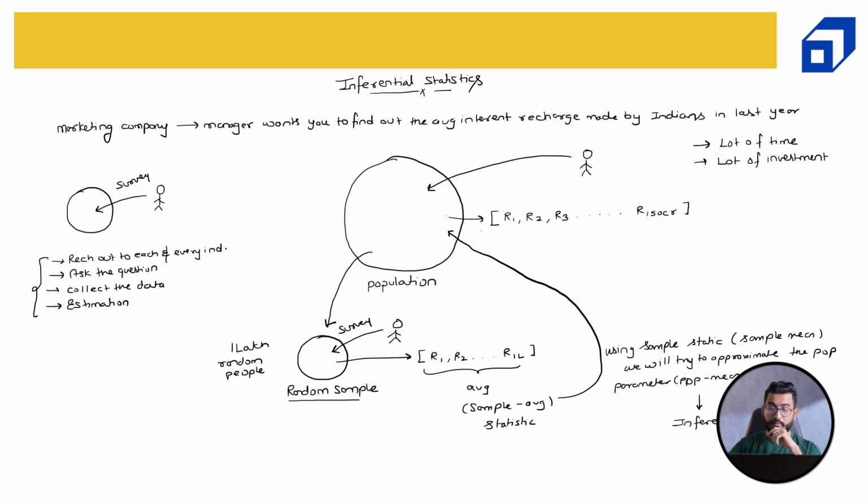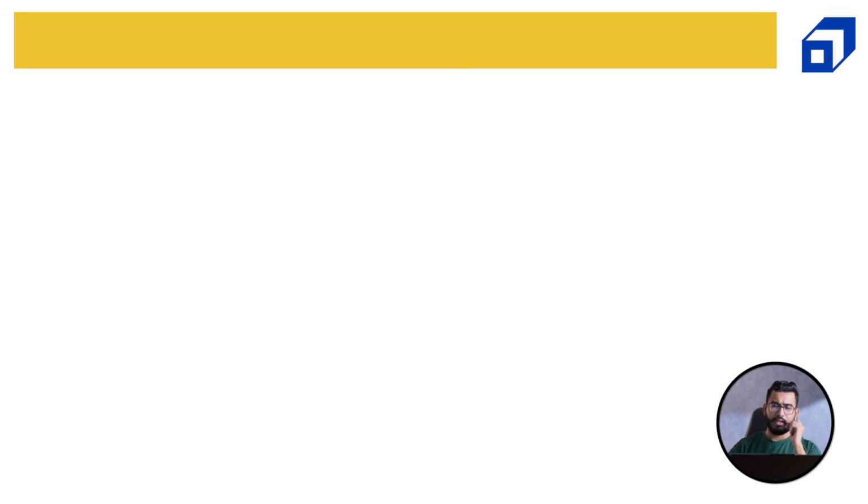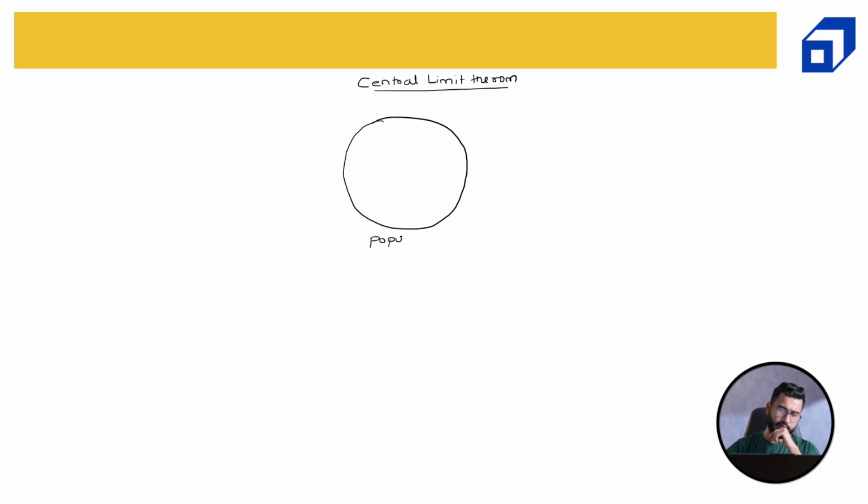Okay, now let's talk about how to perform estimation. In order to perform estimation, we use a particular theorem which is known as the central limit theorem. Now what does this theorem talk about? This theorem states that if I'm having a population, let's say this is a population of Indian people, and I take one simple random sample of 1 lakh people.